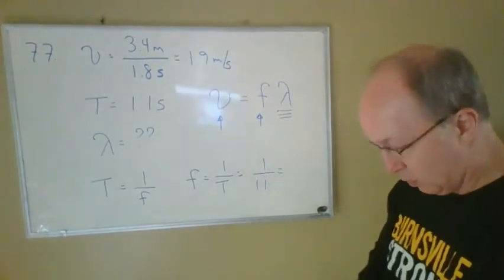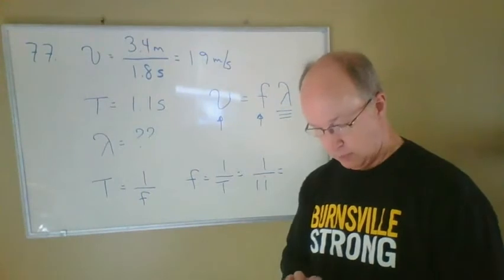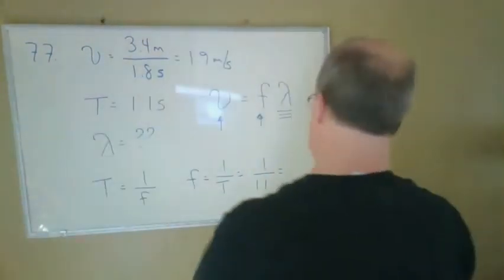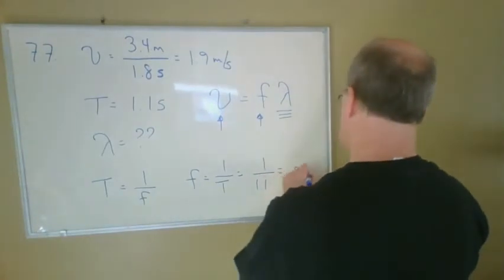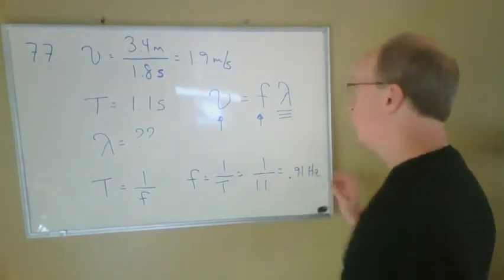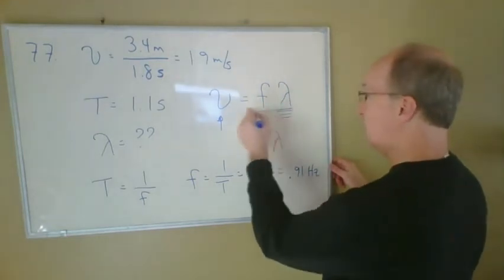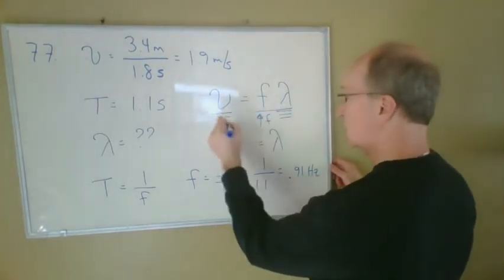Calculator. 1 divided by 1.1, and I get 0.91 hertz.